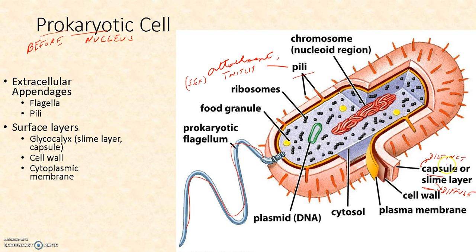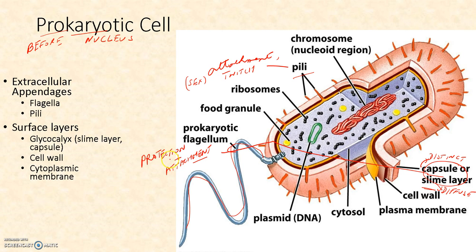The function of the slime or the capsule layer is the same. Well, of course, your favorite word, the function of this, I'm going to write it out here because I'm out of space, is protection. And so protection and, of course, attachment. And remember, this is attachment to different types of surfaces.